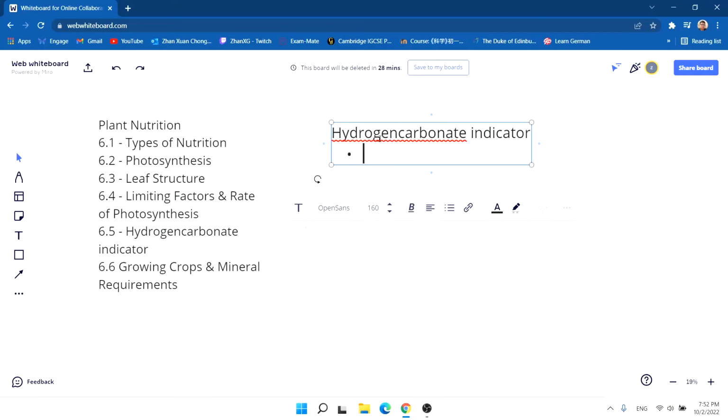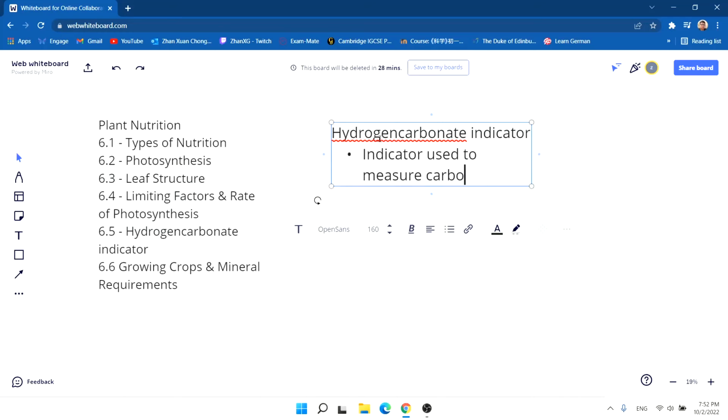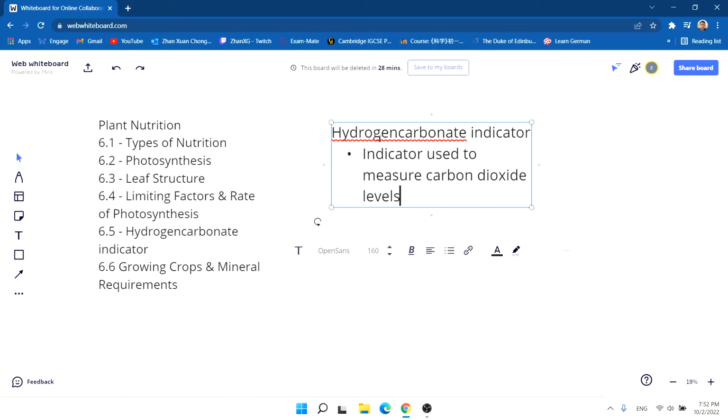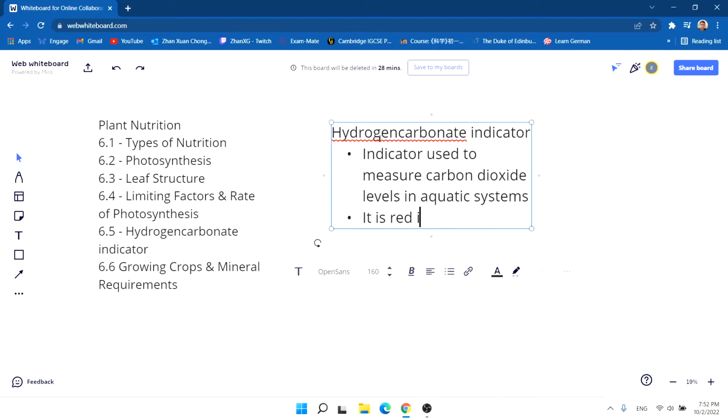So it's an indicator used to measure carbon dioxide levels in an aquatic system, basically water. So it is in equilibrium with atmospheric air.